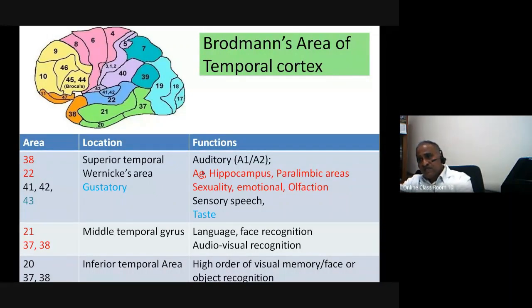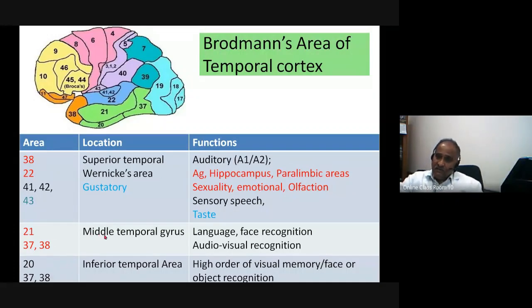So now these areas will do all those functions, especially the amygdala is concerned with the emotions and the part of the sexuality, and the olfactory cortex is for olfaction, and the paralimbic areas and especially the hippocampus are for memory. So that is the function of this particular superior temporal area.